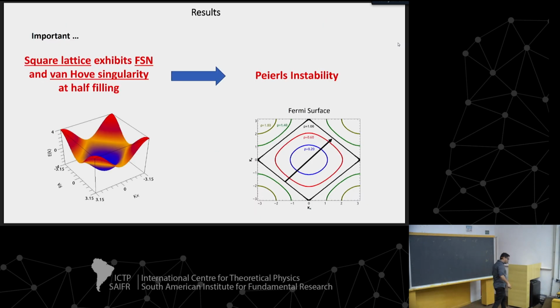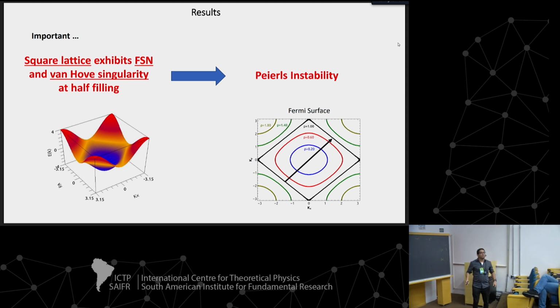First of all, I have to remind you that the half-filled square lattice has a Van Hove singularity and also has nesting. So we have the ingredients for Peierls instability.